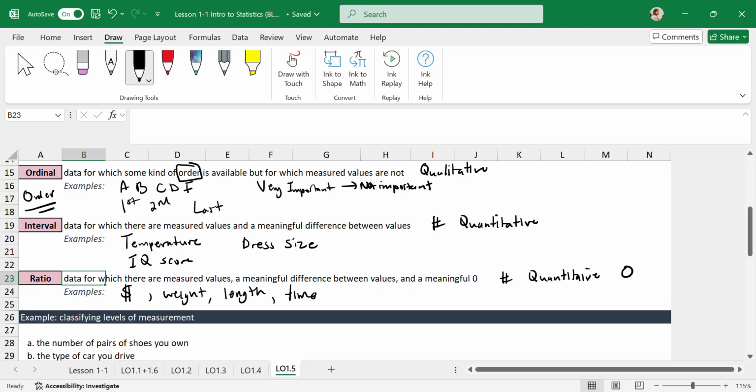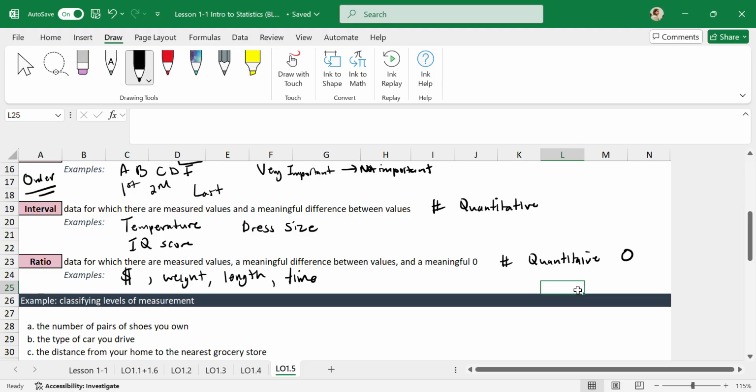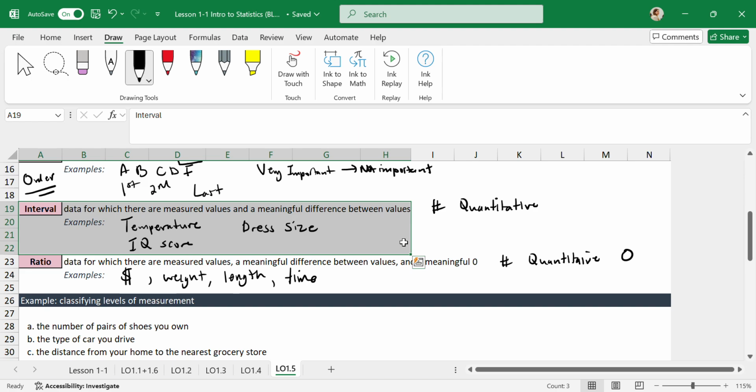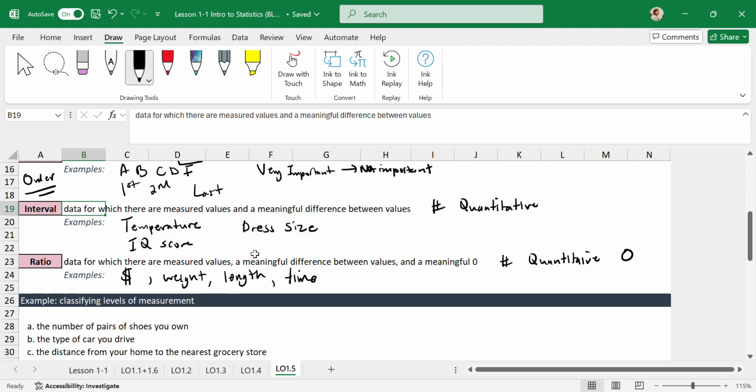Time, if it takes 0 seconds, it doesn't take any time. So basically anything that you measure that has a meaningful 0, which will be most things. There's the exception for things like temperature and dress size, but almost anything you measure and is quantitative is usually ratio.